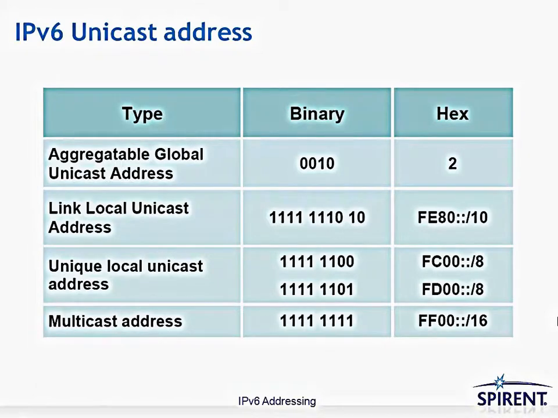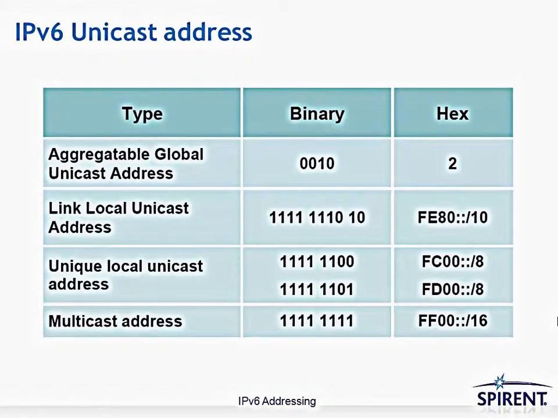Looking now at some IPv6 unicast address types. I mentioned on the previous slide the aggregatable global unicast address space. All addresses starting with 001, which translates to a hex 2, come out of that space. Link local addresses always start with FE80/10.